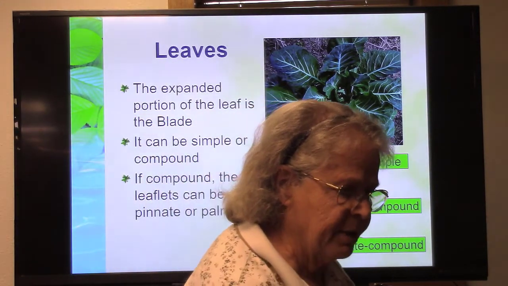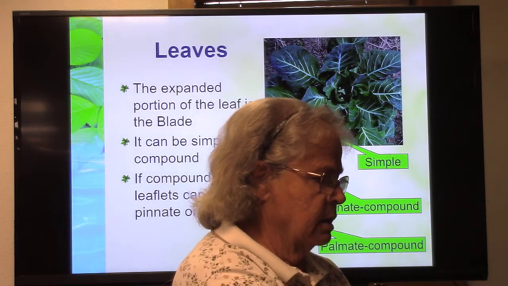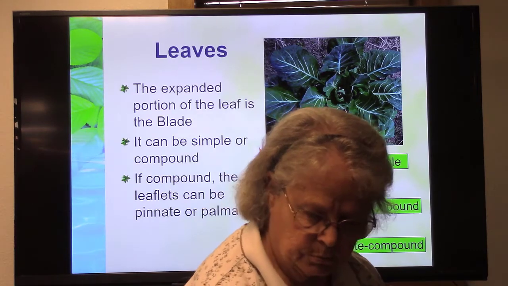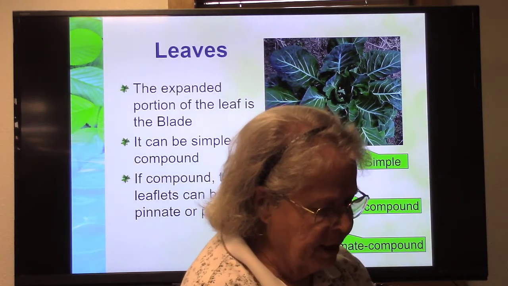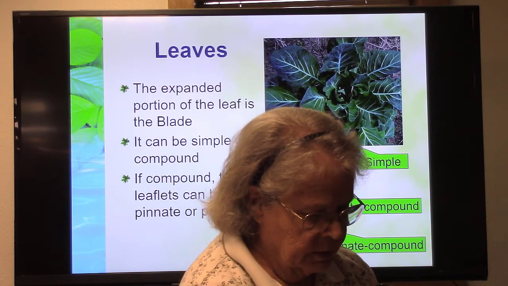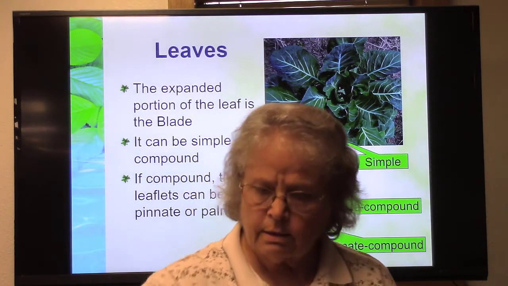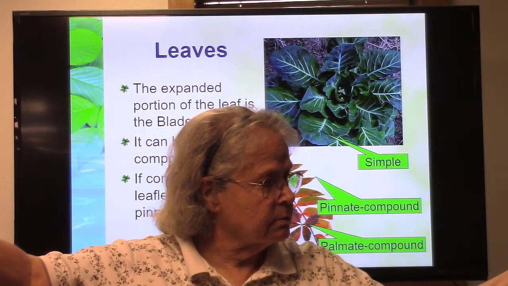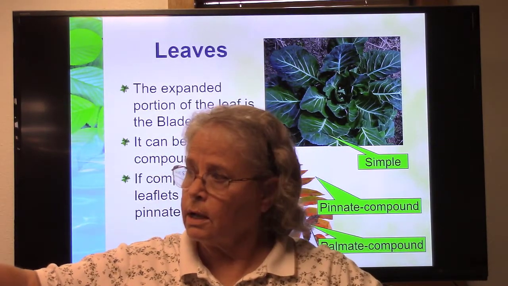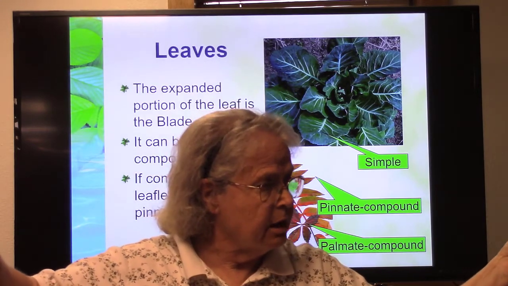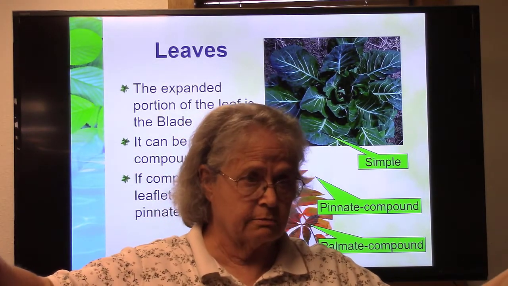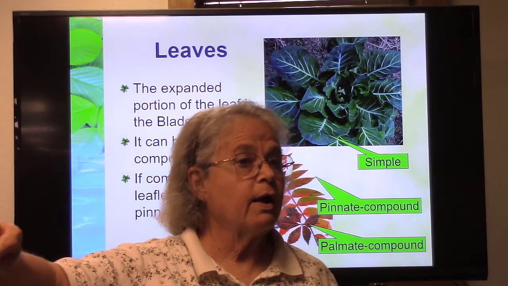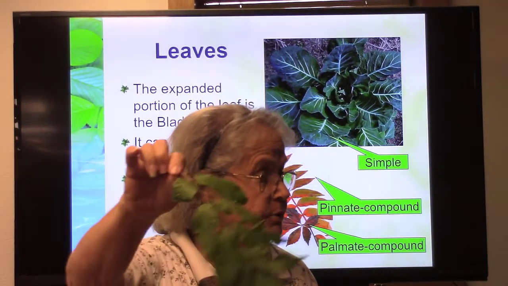This one is a compound leaf also. All right. Pull off one. These are compound leaves. All right? And all of those are leaflets. And how do I know? Because when I looked at the stem, there was a bud at the base of each one. Now, the ones that are arranged like that are called pinnate compound.